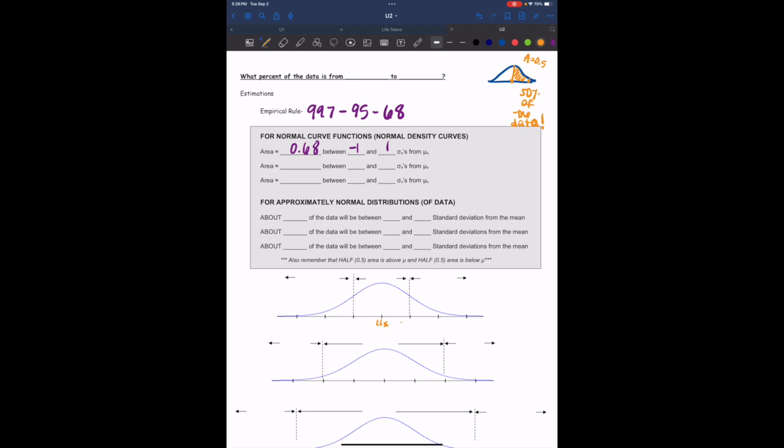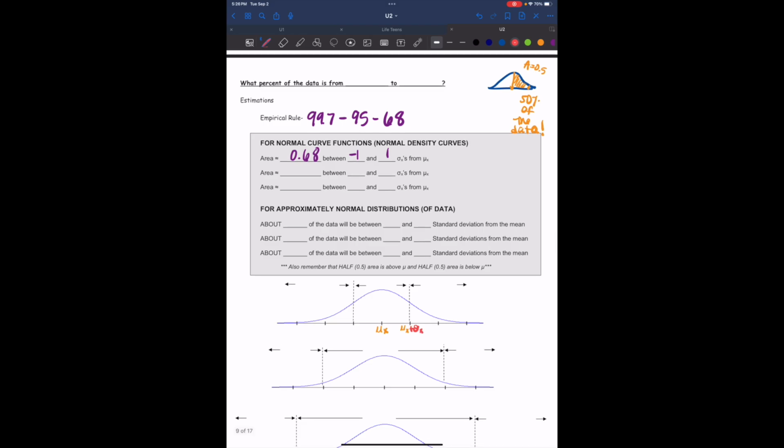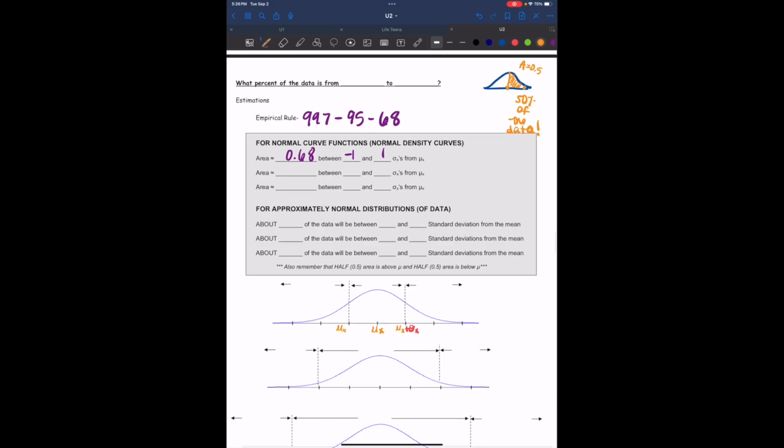If we were to take the mean and add 1 standard deviation onto it, or take the mean and subtract 1 standard deviation from it, we could say that this space in here would take up approximately, again, this approximation is not perfect, about 68% of the data, which is nice to get a feeling for. So more than half of the data is in that zone.